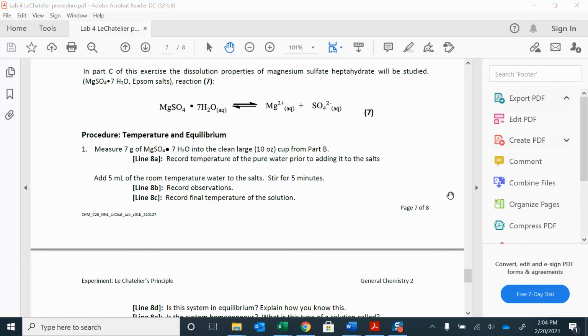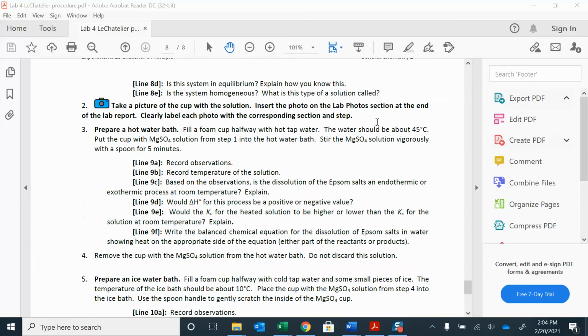So if heat, let's just imagine heat was a reactant, and I increase the temperature, and when I increase the temperature, more of it dissolves, then I would know that that's endothermic. If it was exothermic and I increased the temperature, then the reaction would shift the other way. So that's all you're investigating there.